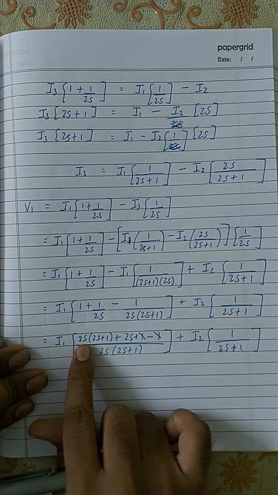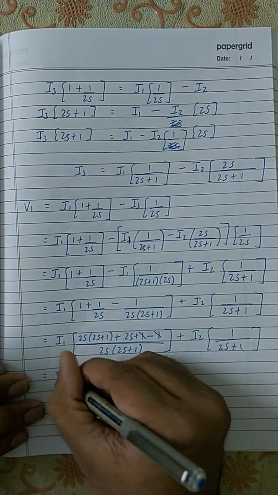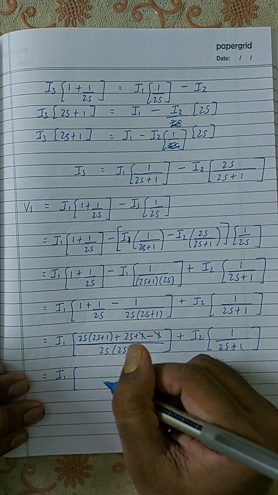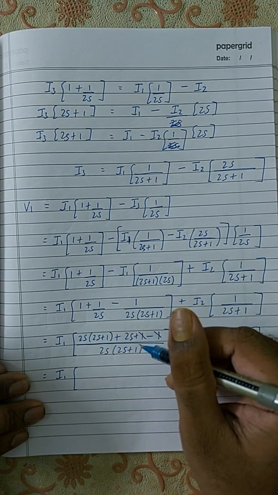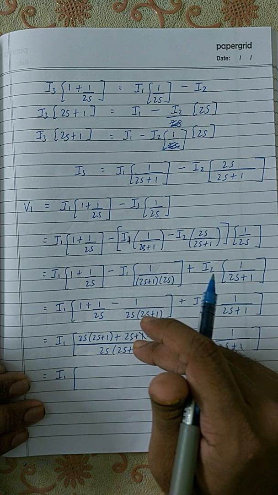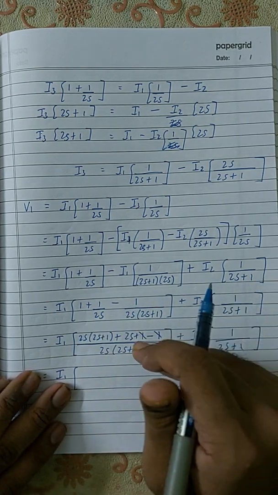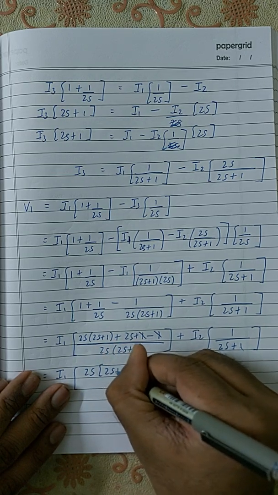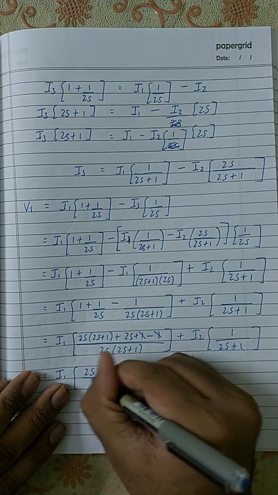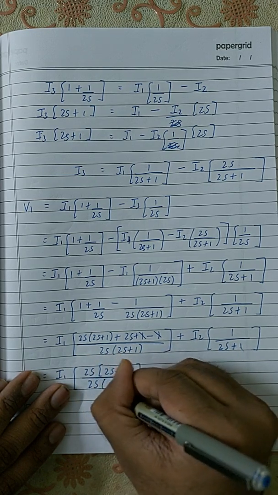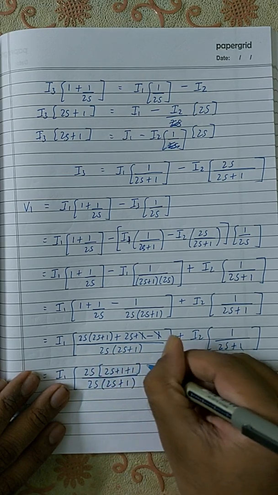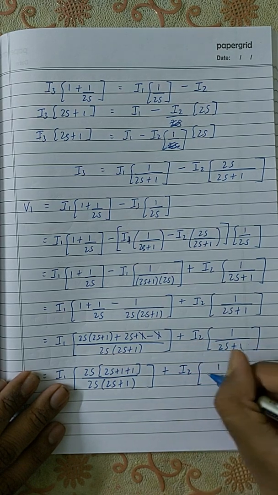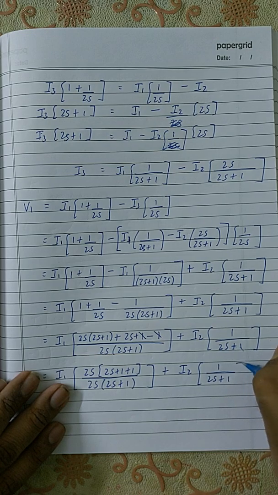You can take 2s common outside, so V1 will become I1 into 2s into (2s plus 1) by (2s into (2s plus 1)), plus I2 into 1 by 2s plus 1.